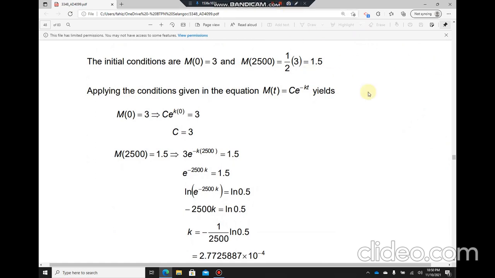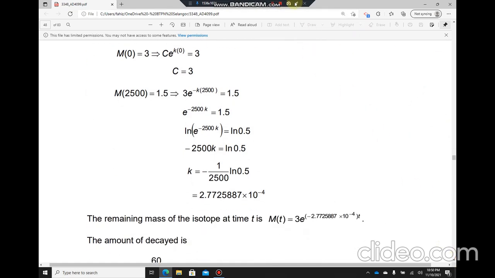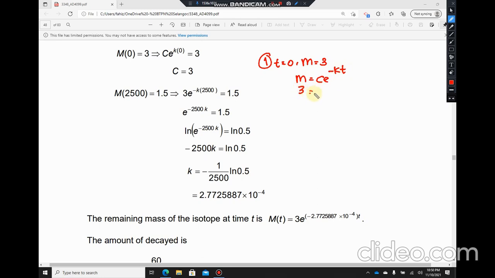Okay, so this one, since kita ada dua information, so first, when T equals to 0, your M equals to 3. So kita akan gunakan formula yang ni. M equals to 3, so Ce^(-kt), T equals to 0. So it means that your C equals to 3.